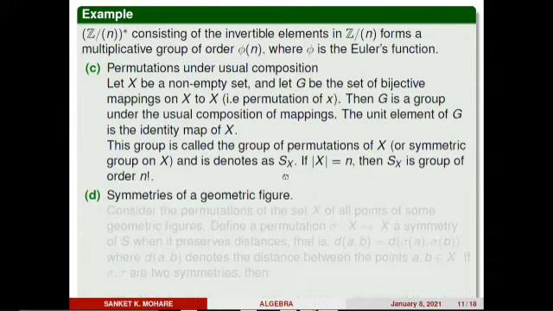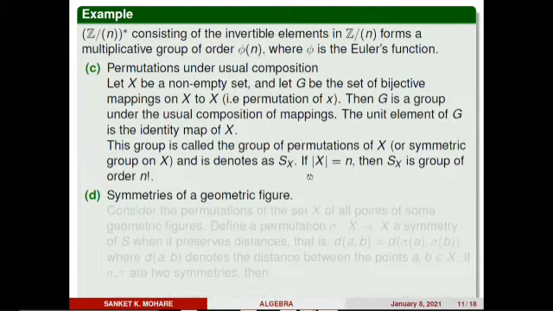Now here X is what? X is any non-empty set, and if I take the collection of those mappings which are bijective, then such a collection forms a group, and that group is called the permutation group or symmetric group, which is denoted by the symbol Sx.